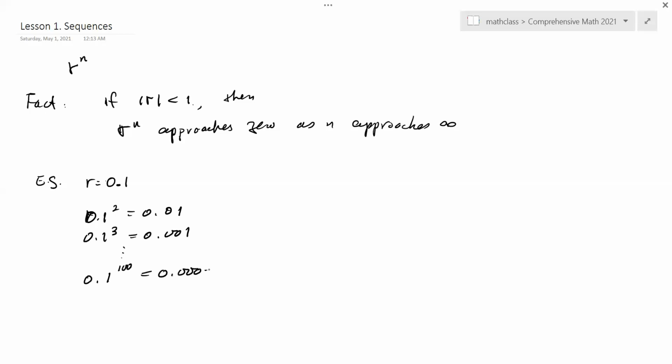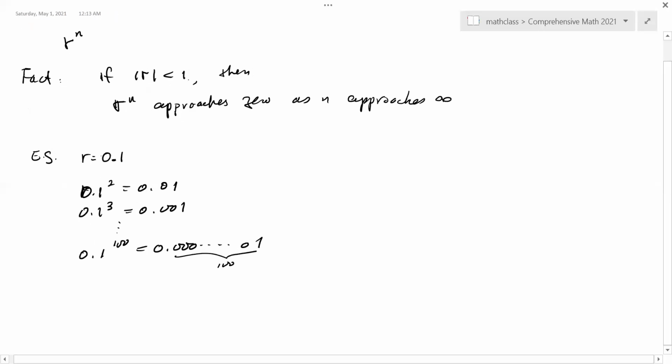So you have 100 digits here, but this is a really, really tiny number. So that gives you some idea why this sequence of numbers approaches 0.